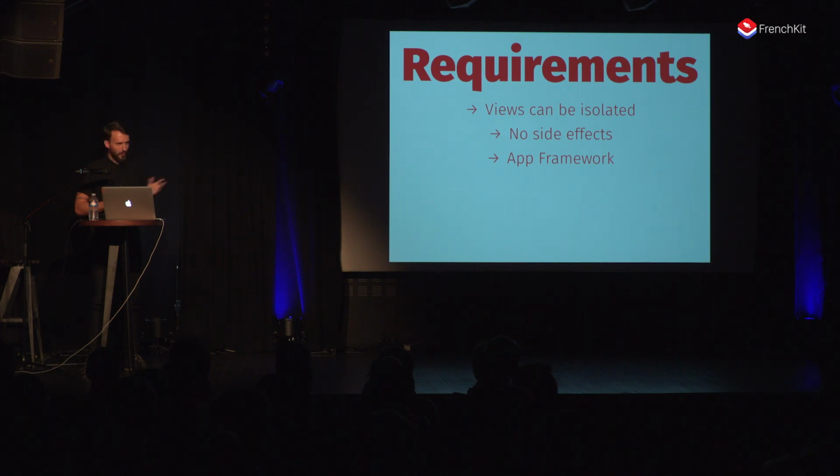So what you have to do is take all your application code and move it into a framework, basically only leaving the app delegate inside your application target, and then the app delegate imports your app framework and can hand off to the root controller or whatever. So you've got to move everything to a dedicated framework, and then you can import that into a playground and start using it.